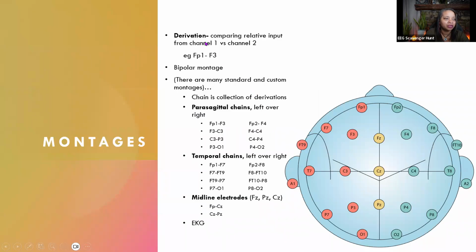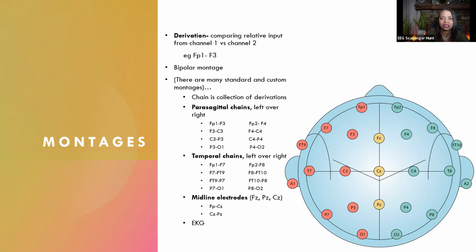Okay, so with the montages, you will get a derivation. What a derivation means is you're going to compare one electrode to the next in the channel. So for example, FP1 compared to F3, that is going to be a channel consisting of a derivation of those two comparisons.